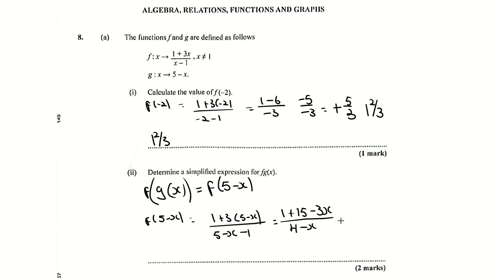Let's reduce this some more. 1 plus 15 is 16 minus 3x over 4 minus x. And we can leave it like that, and that would be your answer for this question.